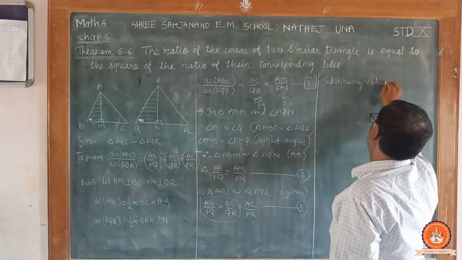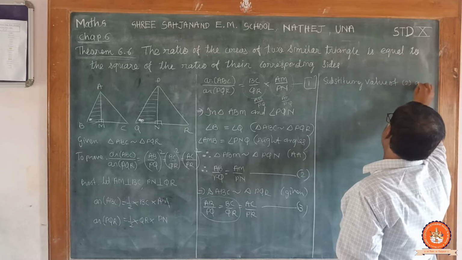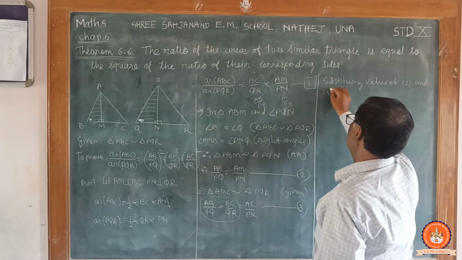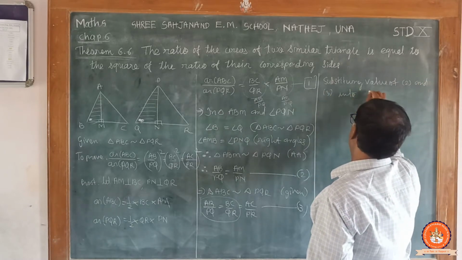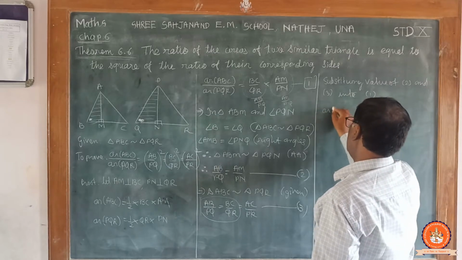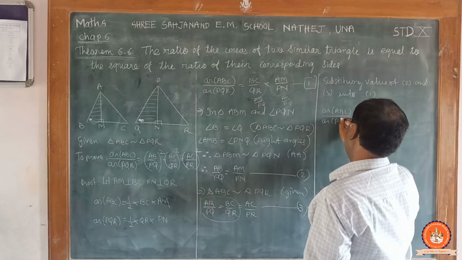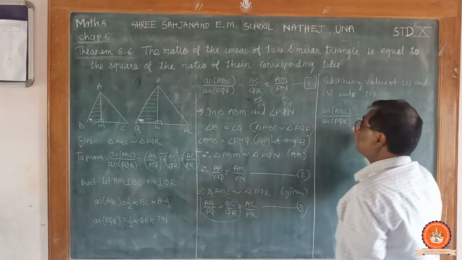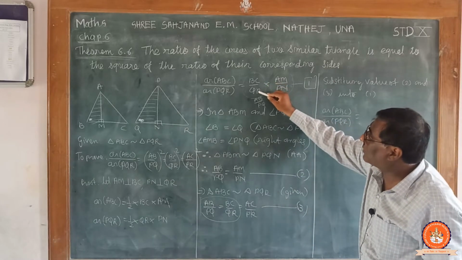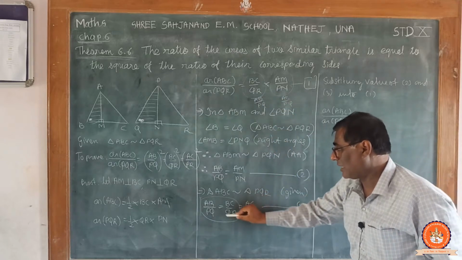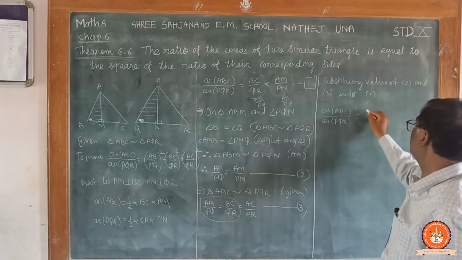So substituting the value of second and third result into 1, we get area of ABC upon area of PQR is equal to, so in place of BC upon QR, I will write AB upon PQ.